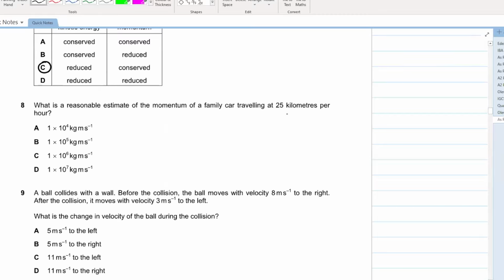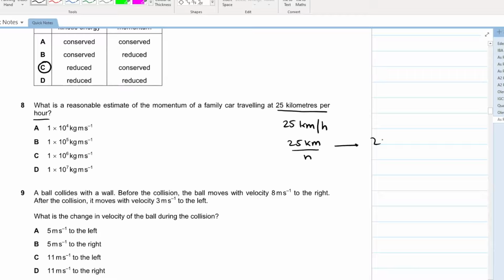What is the reasonable estimate of the momentum of a family car traveling at 25 km per hour? First of all, here you have to convert 25 km per hour into meters per second. How can you convert it? 25 km divided by hour.